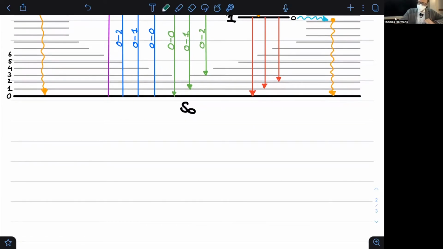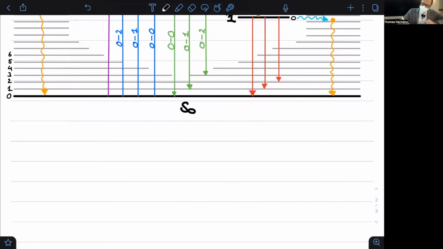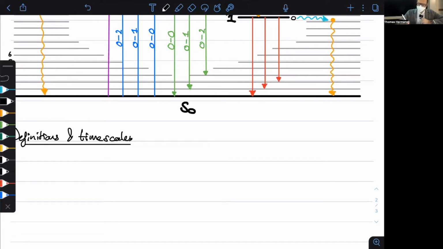Okay, so let's write out some of these definitions and timescales. The first one, which we already talked about last time, is absorbance.